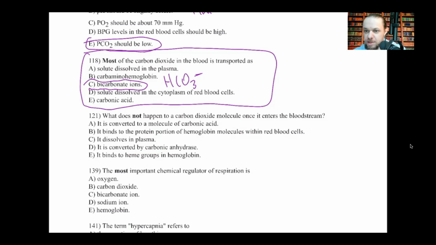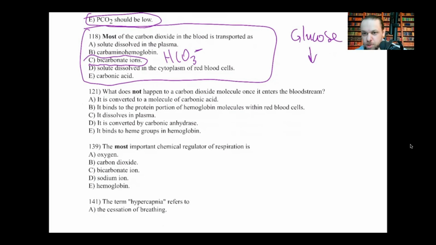The carbon dioxide that I'm referring to here is the carbon dioxide metabolically produced by your tissues, right? Like if I'm doing aerobic respiration, as you break down your glucose, glucose gets broken down with glycolysis steps, then goes into the Krebs cycle, then goes into the electron transport chain.